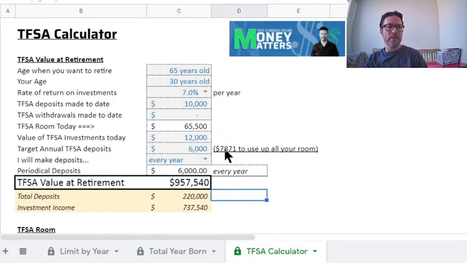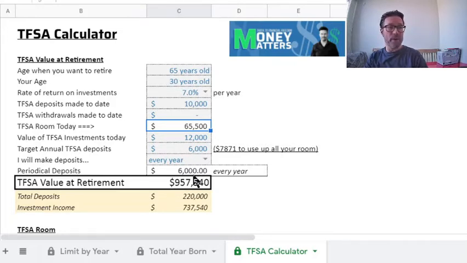And here there's a little variable that it's a suggestion that says, well, if you want to use up your unused room today, which is 65,500, because remember the annual deposit that you're going to be making every year, that's the limit. You're going to accumulate that room, but you have already $65,500 room today, so you want to use up that room.